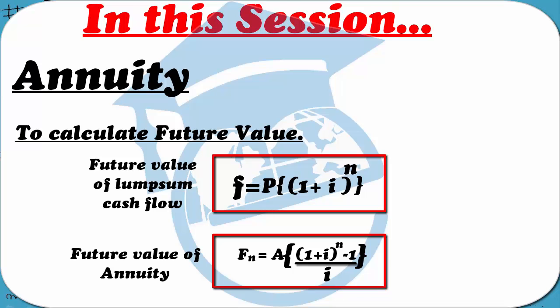So, for the future value of a lump sum cash flow, we use P into 1 plus I to the power of n, and against the future value of an annuity, we use A within bracket 1 plus I to the power of n minus 1 whole upon I. So, by representing it in the form of an equation, it will be P within bracket 1 plus I to the power of n will be equal to A within bracket 1 plus I to the power of n minus 1 whole bracket close upon I.